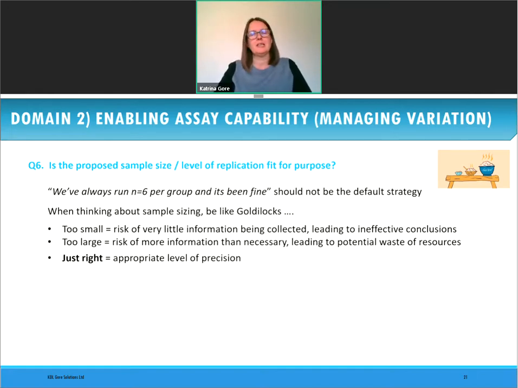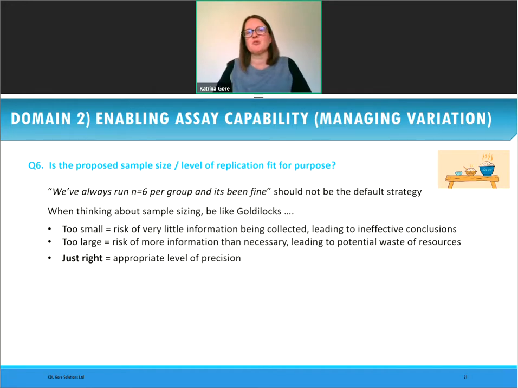When thinking about sample sizing, be like Goldilocks and the Three Bears, if you know that story. With a sample size that's too small, you run the risk of very little information being collected, leading to ineffective conclusions and a waste of a study. But if your study's too large, you're running the risk of more information being collected than necessary, leading to a potential waste of resources, which can bring ethical issues.